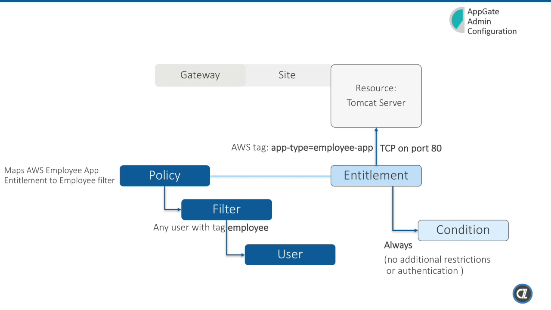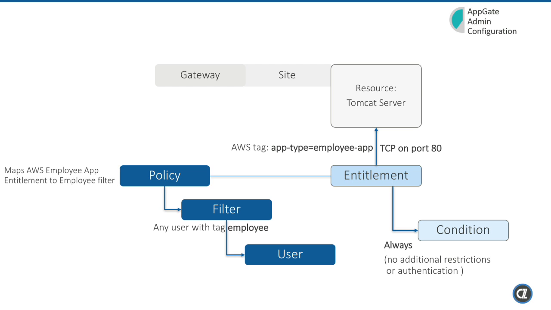So looking at the way we're going to implement this, you see that we have a resource, the Tomcat server, which is launching in the background, and we're going to use the AWS tag that we provided to this instance before. We tagged it with a name called app type, and the value employee app. So our system will use that value in the entitlement to resolve them to IP addresses.